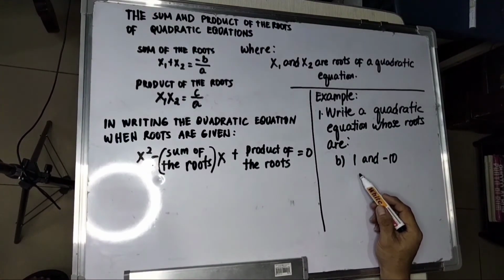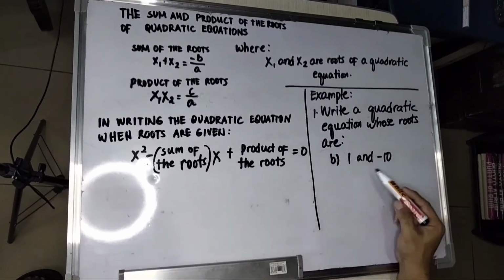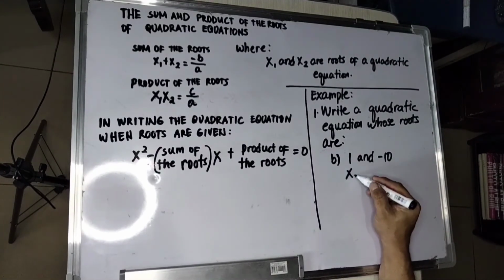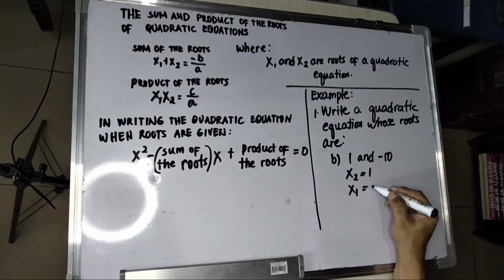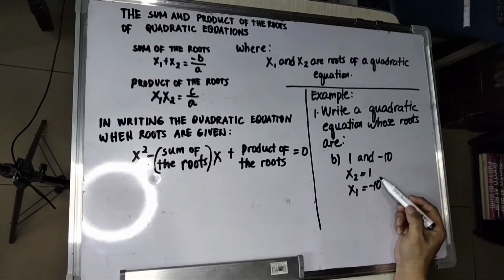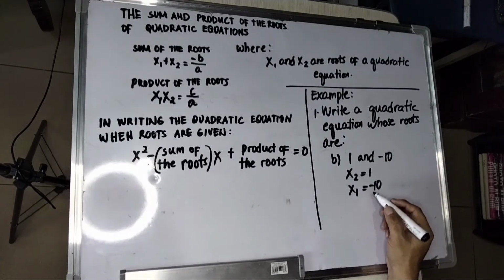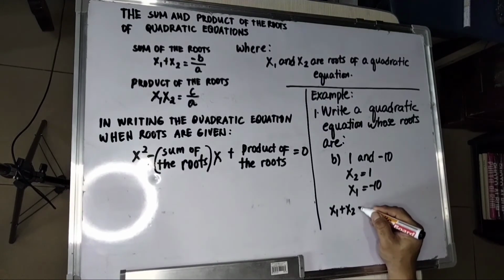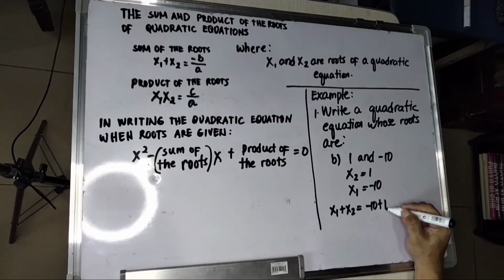Another example is when the roots are 1 and negative 10. Let's try if we will use 1 as x sub 2 and negative 10 as x sub 1. It doesn't matter whether these two are interchanged. So for the sum of the roots, x sub 1 plus x sub 2 equals x sub 1 is negative 10 plus x sub 2 is 1.